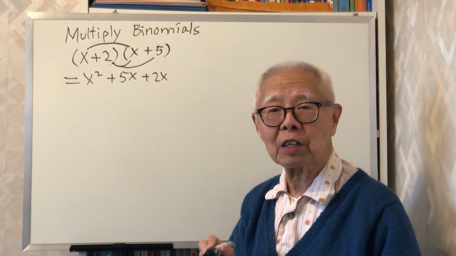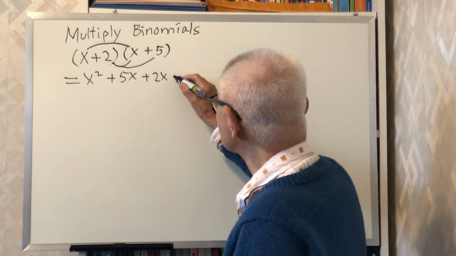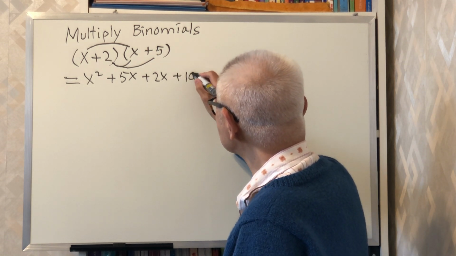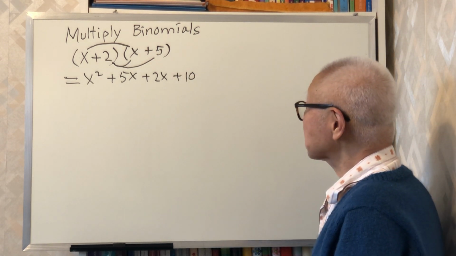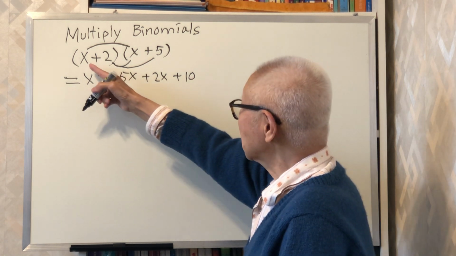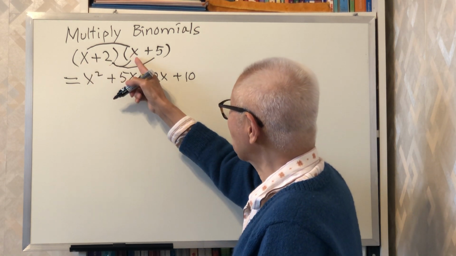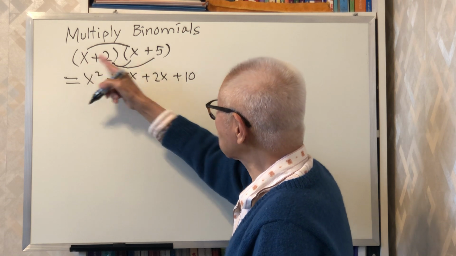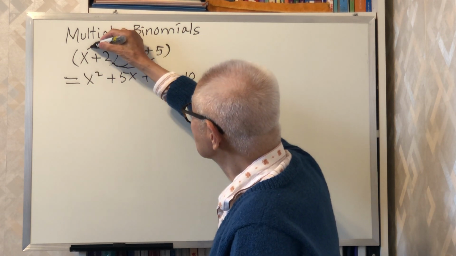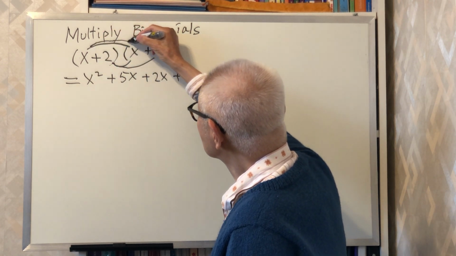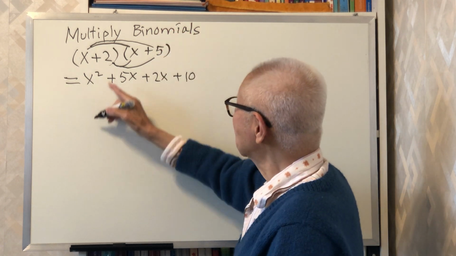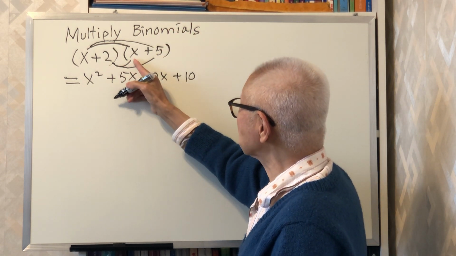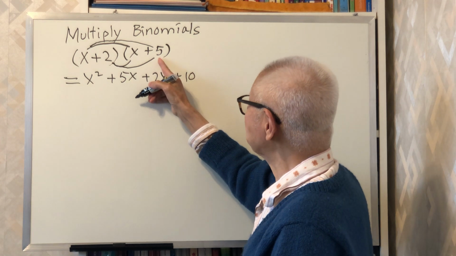Two times 5 is 10. So it's x times x, x times 5, two times x, 2 times 5.